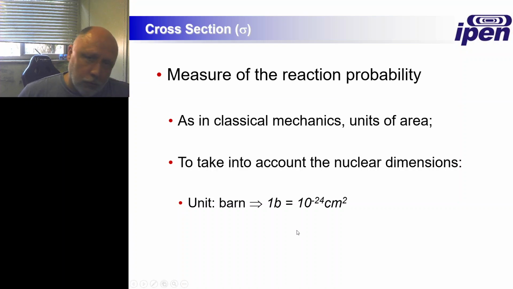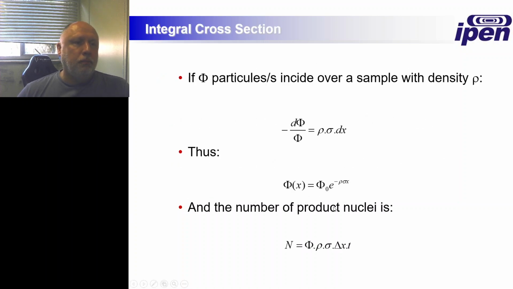And of course, physicists have this weird sense of humor from time to time, and the unit is the barn. The barn comes from thinking of the sizes of the nuclei, which are essentially 10 to the minus 12 centimeters. So we have 10 to the minus 24 square centimeters, right? So this is essentially the unit we use. It's a unit of area, but very, very small areas indeed.